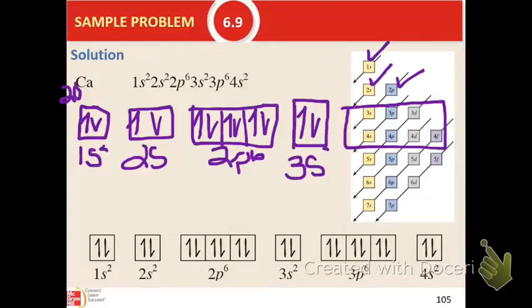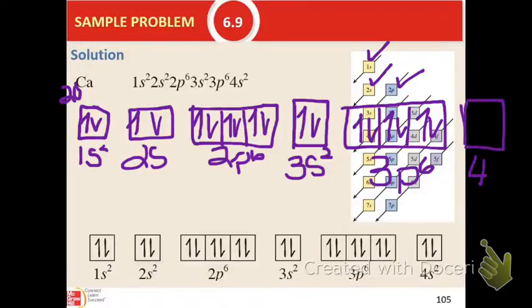Only 2. And then my p orbital right here: how many electrons can fit in a p orbital? 6 altogether, because there's 3 of them and 2 can go in each one. So here they go, filling one at a time. Let's count how many we have here. There's 10 up to here, then there's 12, 14, 16, 18. So far I have 18, so I'm allowed one more box.